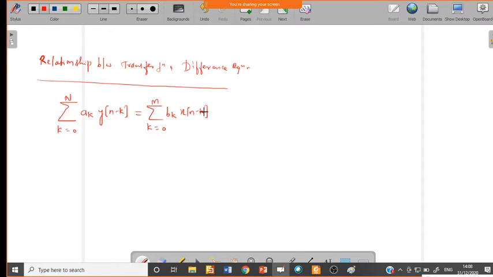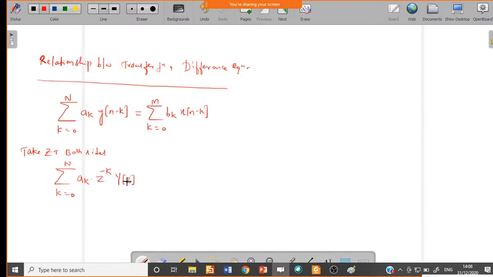So now take the z transform on both sides. What will happen? The summation will be there as it is, k equal to 0 to n, ak, and by using the time shifting property we can represent this as z power minus k into y of z.